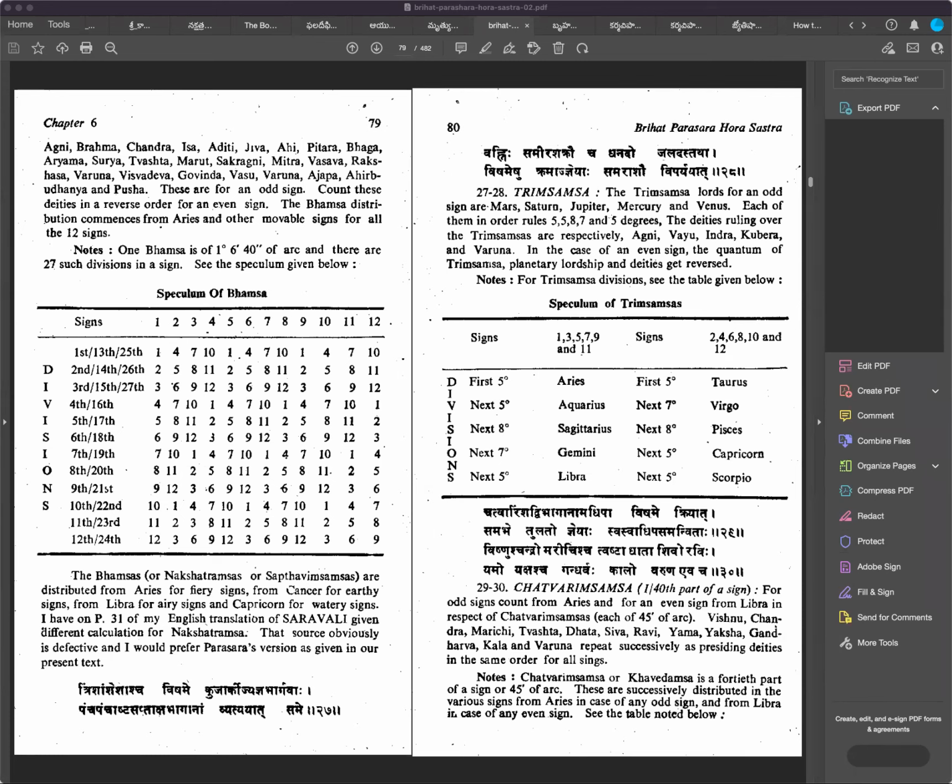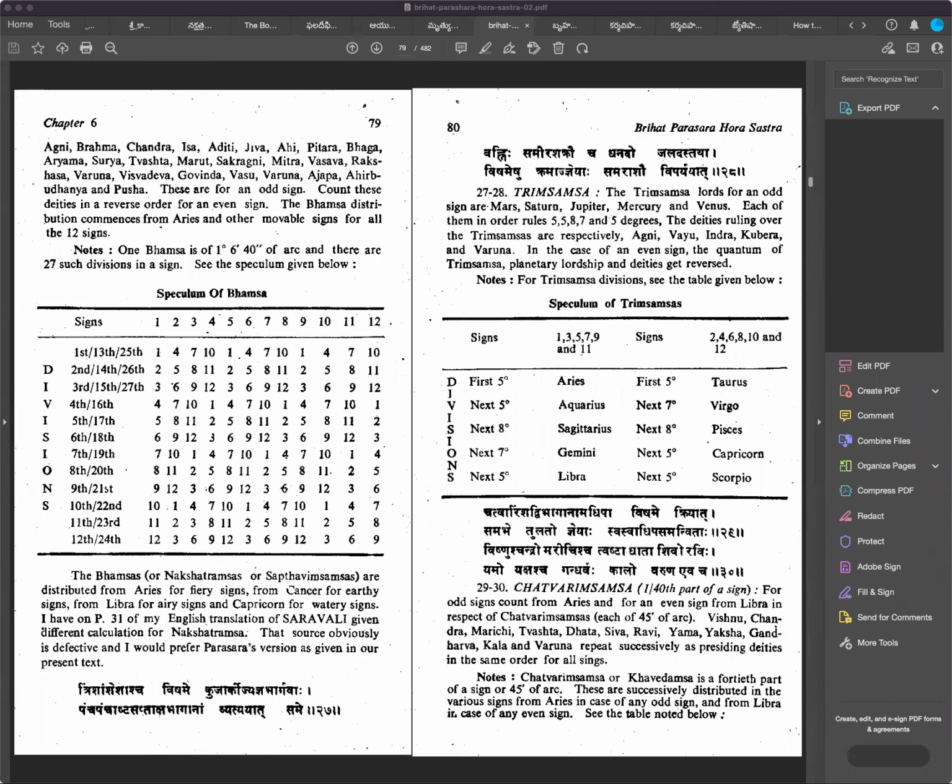So then next we go to what is mentioned, Trimshamsha. Yes, sir. Trimshamsheshacha Vishame Kujarki Anga Bhargava Pancha Panchasta Saptaksha Bhaganam Vyatyayat Same.